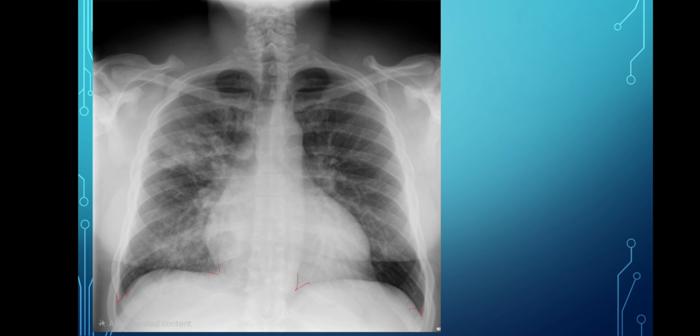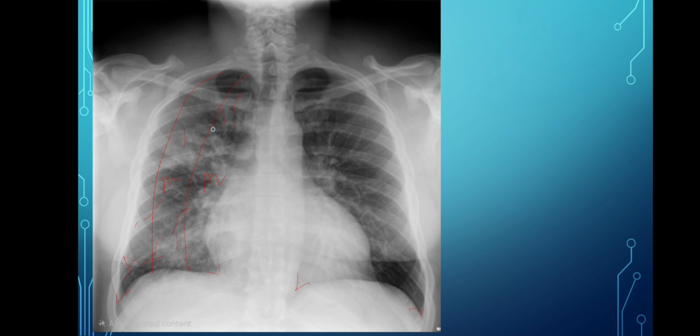There is no shift of the trachea. The right-sided lung field shows patchy infiltrates and increased bronchovascular markings throughout all the lung lobes and all the zones. So increased bronchovascular markings throughout all the areas.